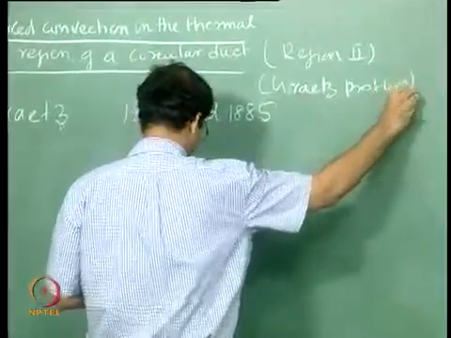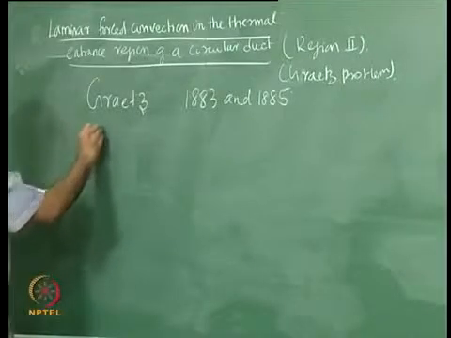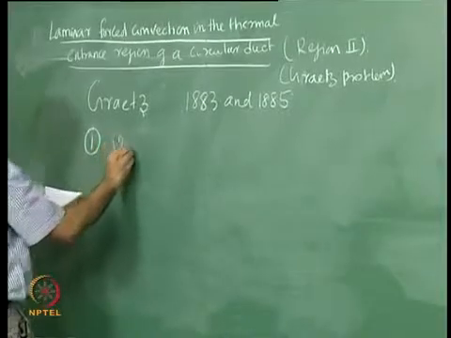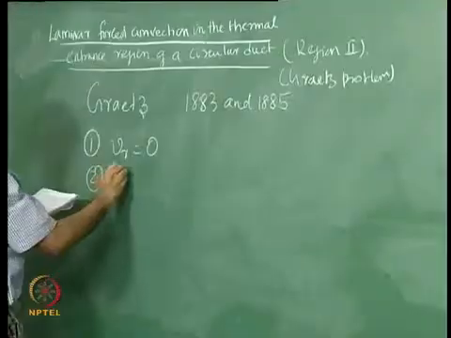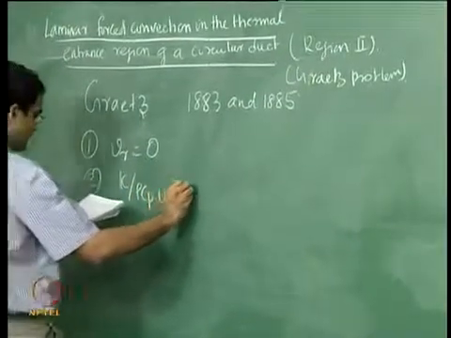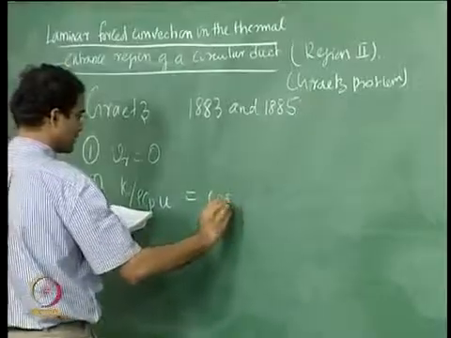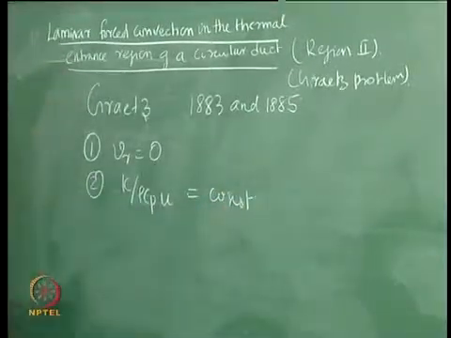And I will just list down the assumptions that he made. The first assumption is that your radial velocity is 0 everywhere. The second assumption is that the ratio k by rho Cp into u is a constant. Now this is a big assumption, okay.